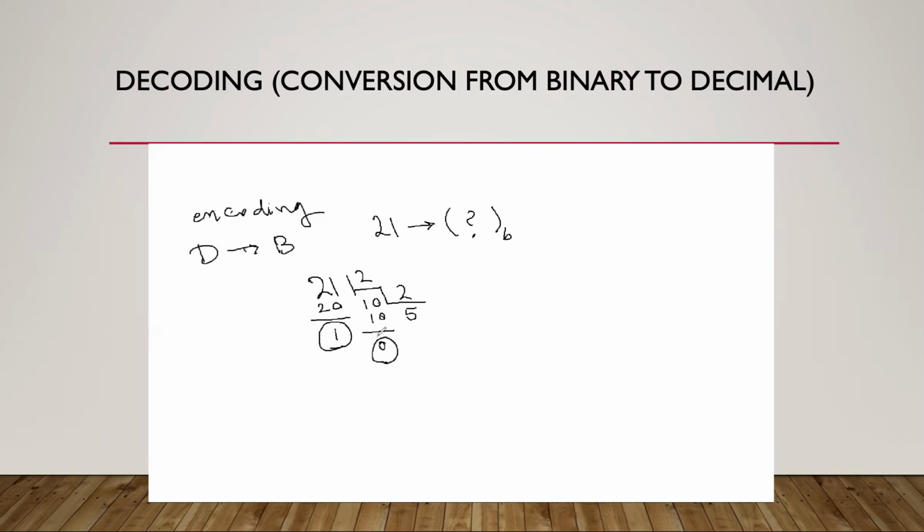And then I can divide the quotient 5 by 2. That would be 2, and the remainder would be 1. And then 2 divided by 2 would be 1, and the remainder would be 0.